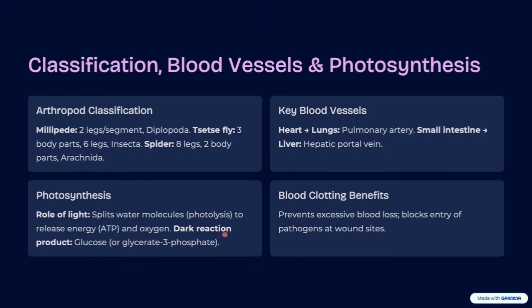Now, the dark reaction, of course, the product, we have glucose, or in bracket, glycerate 3-phosphate. But the most important thing we need to understand is that water molecules normally split into oxygen, hydrogen, and also ATP. But hydrogen is normally moved to the dark stage, that is carbon dioxide fixation.